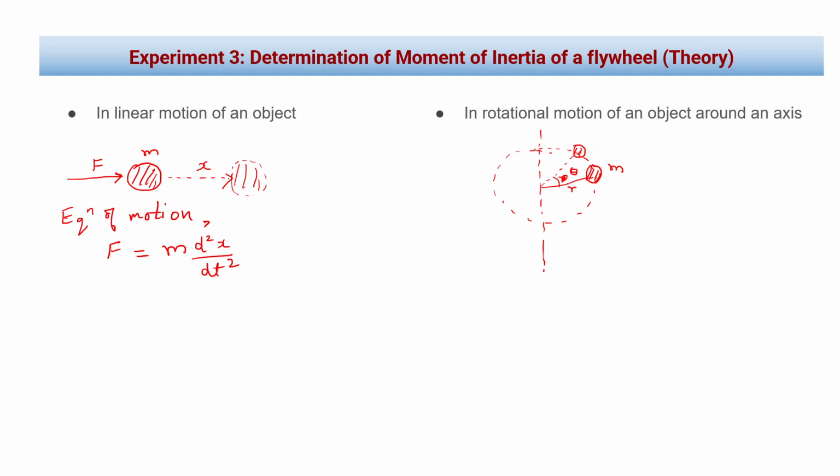So what's happening is we are applying a rotational force on this object, and because of which it's rotating around this axis.